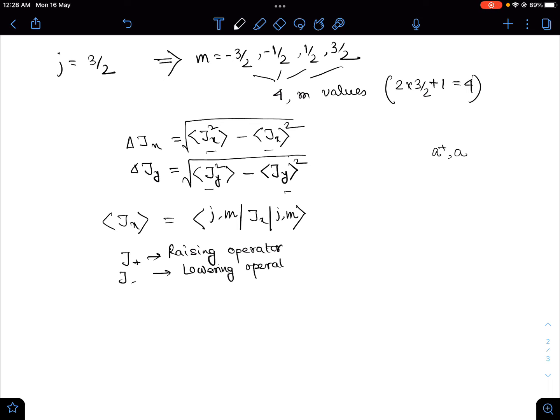Why raising and lowering? As in the harmonic oscillator, the raising operator takes the state from n to n plus 1, and the lowering operator brings it down to n minus 1.